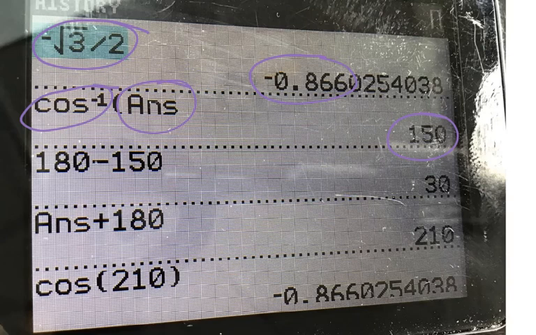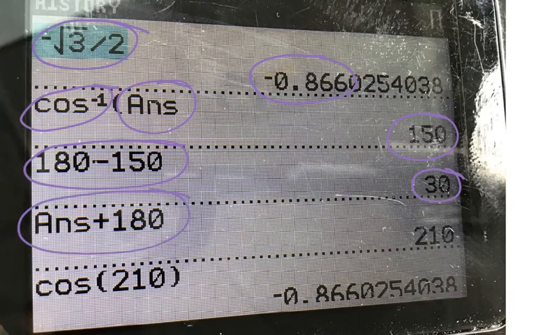Now, what I did was I subtracted it from 180 to get 30. And then I added 30 to 180 to get my second answer, 210. Now, relax. Let me explain what I did again. First, let's focus on the initial answer. Do you agree that cosine inverse of negative square root of 3 over 2 is 150?